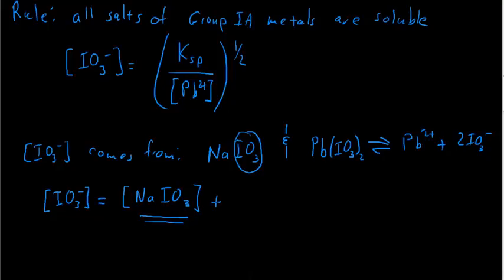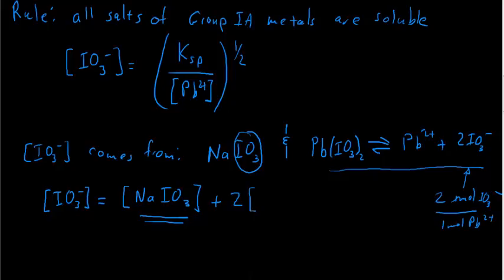Then we need to add in here the amount of iodate that we get from this dissociation. And what do we notice from stoichiometry? Well, from stoichiometry, we see that we get 2 moles of iodate for every 1 mole of lead that appears. So we can simply say that this is going to be plus 2 times the lead ion concentration, Pb2+.